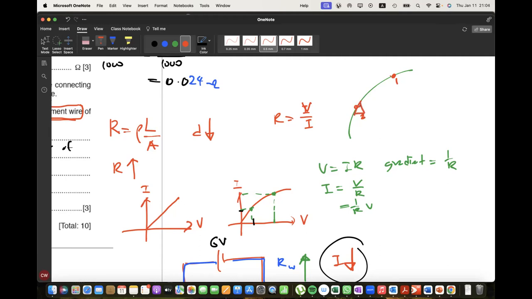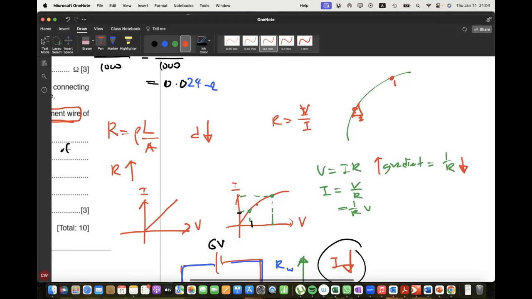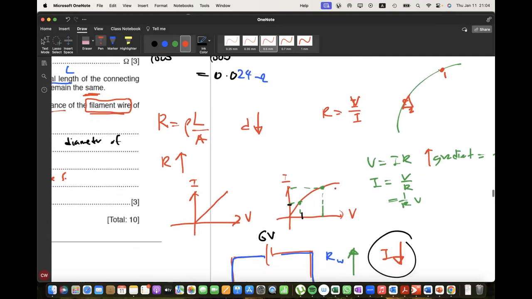Point 2 is steeper. If the gradient is steeper, what happened to resistance? Steeper, increase or decrease? Inversely proportional. Gradient increases, resistance decreases. Right? Actually, you should explain from here. You have to use the graph to explain. You understand? That means the current drops. So you have to refer to this graph to see when the current goes to the lower value, what will happen to the gradient?